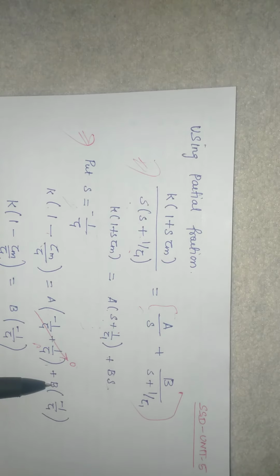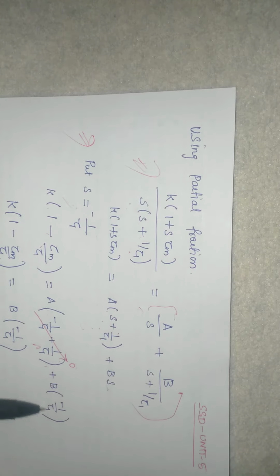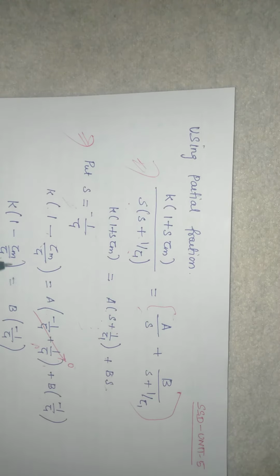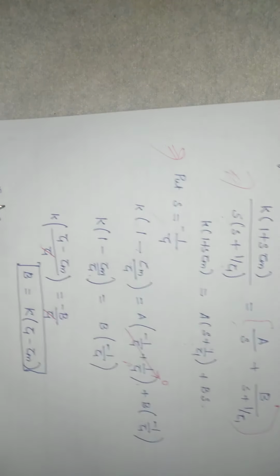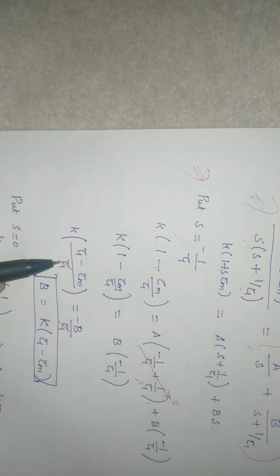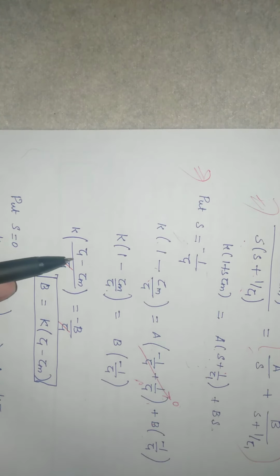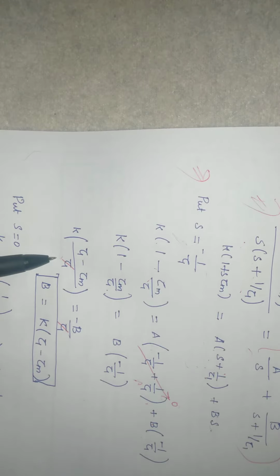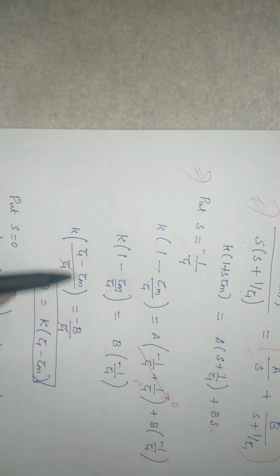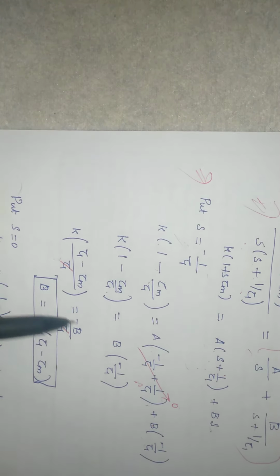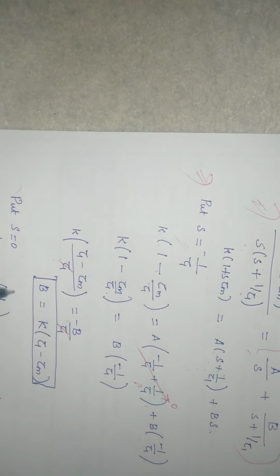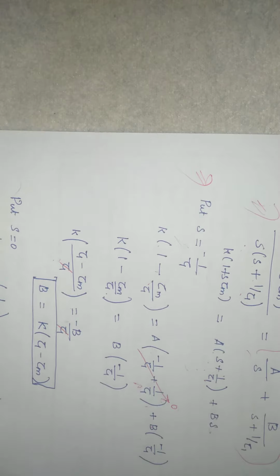Then B into s's term is minus 1 divided by tau 1, so just having these two terms alone, and from these two terms we are going for LCM. So tau 1 is a common one, so LCM is tau 1, remaining term tau 1 minus tau m divided by tau 1 is equal to minus B divided by tau 1. So on both sides tau 1 is getting cancelled, so B is equal to k into (tau m minus tau 1).